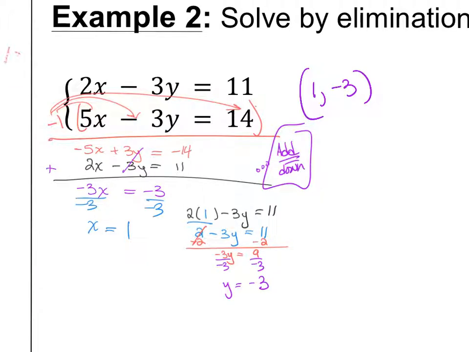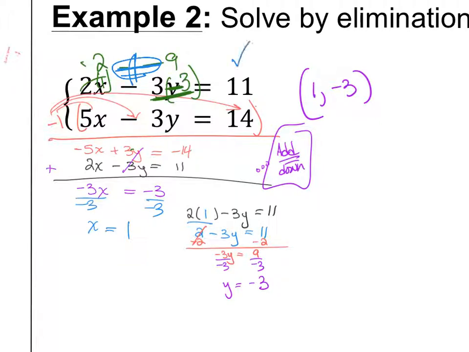Before I circle it, I'm going to check my work. So the top one, 2 times 1 is 2, minus 3 times negative 3, which is this part here. 3 times negative 3 is negative 9. And then together, the 2 minus negative becomes plus, and 2 plus 9 is 11.